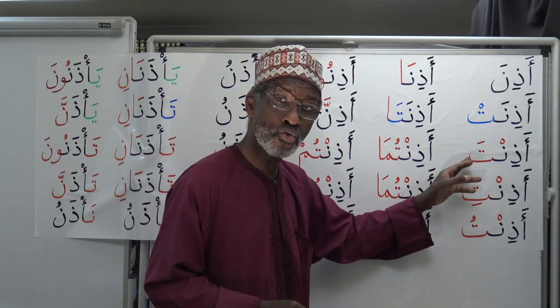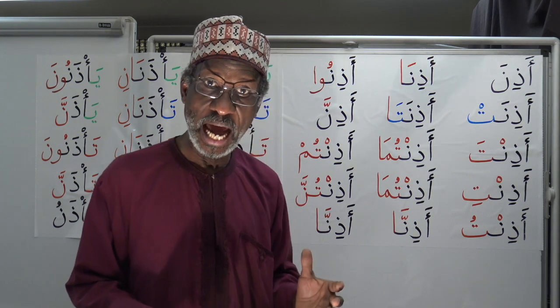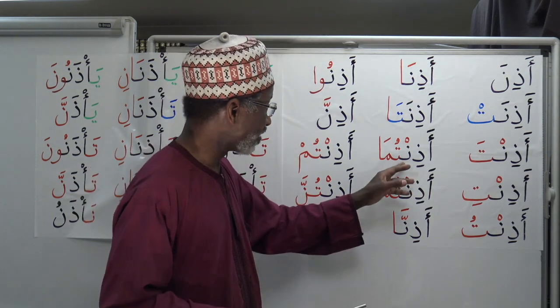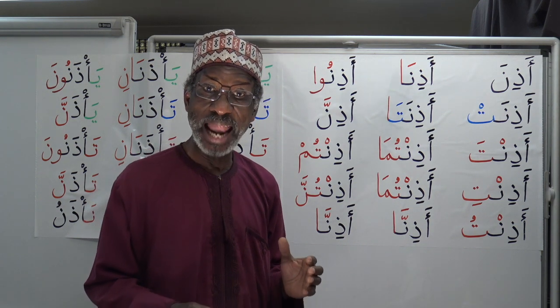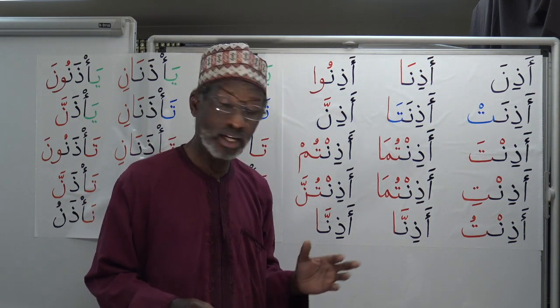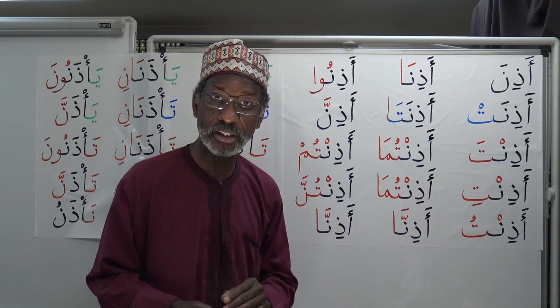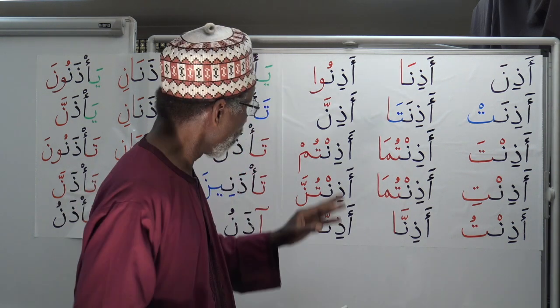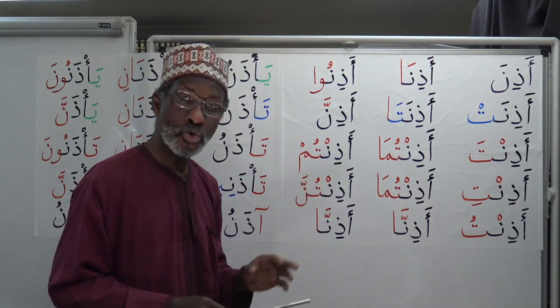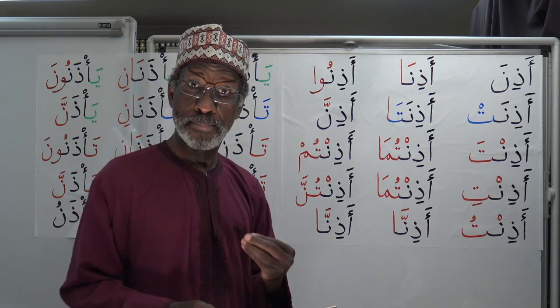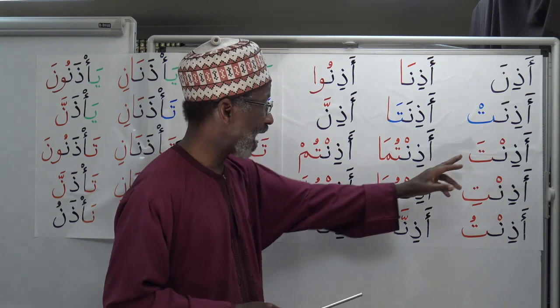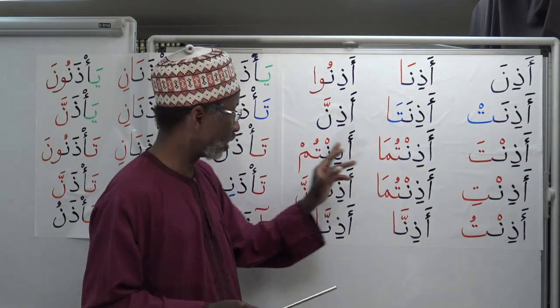Adhinta, you, male, singular, allowed or permitted. Adhintuma, you two, masculine, allowed or permitted, and it happens to be the same as the feminine, the female as well. Now, adhintum, you three or more, male, permitted, allowed. So the endings are ta, tuma, tum.